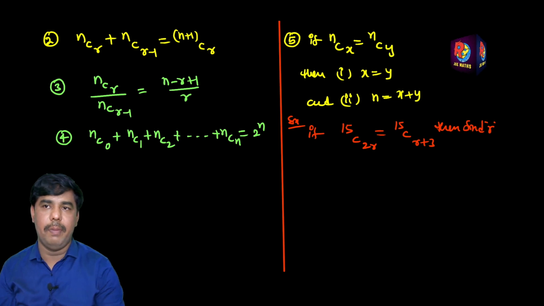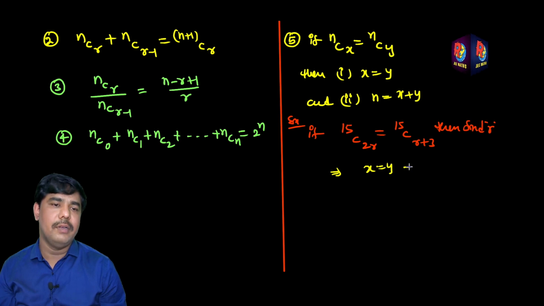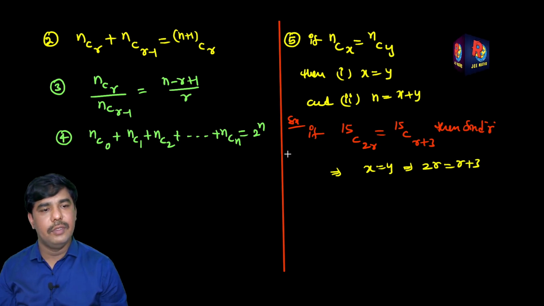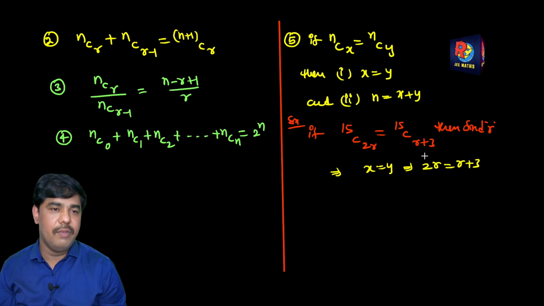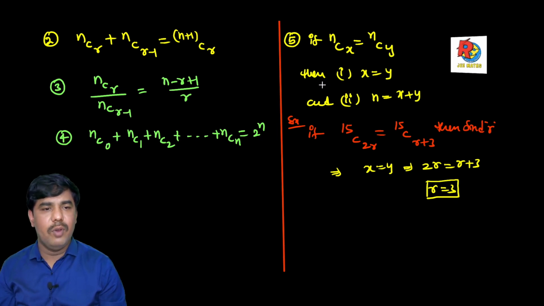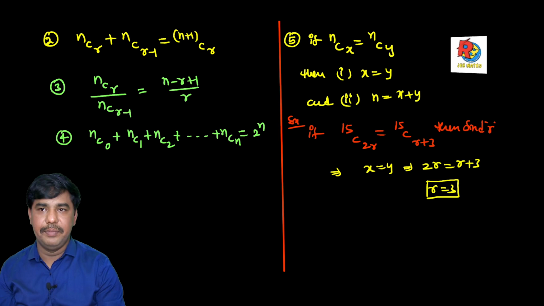That will be lengthy. So you take the x equal to y concept. Then 2r equals r plus 3. Taking r to this side, r equals 3. So it will be only a one step sum if you remember this formula. Otherwise, it will take 4 to 5 steps.